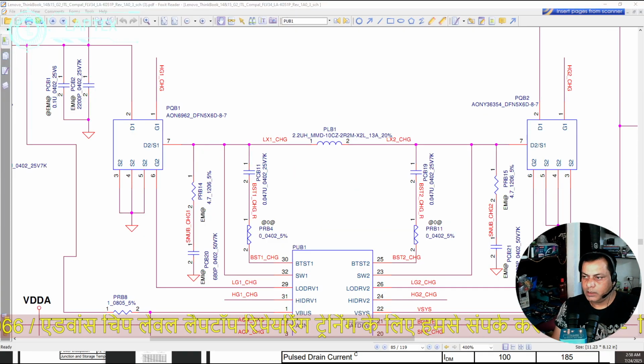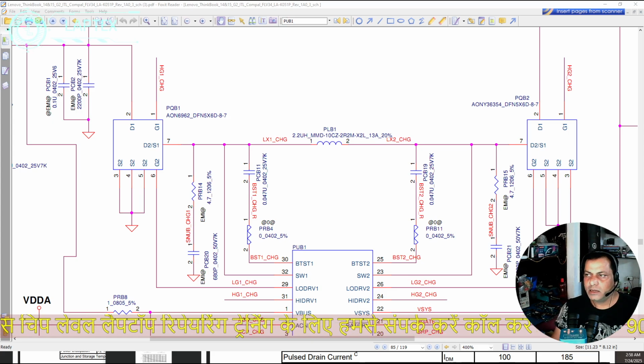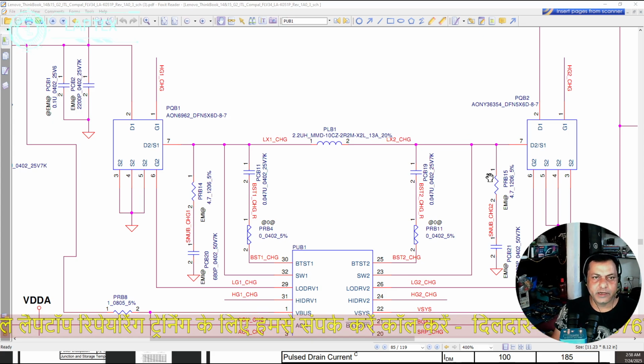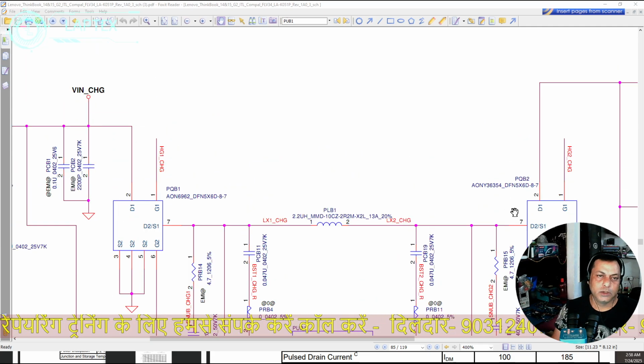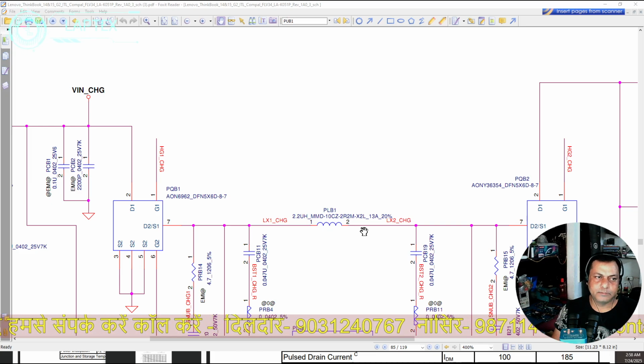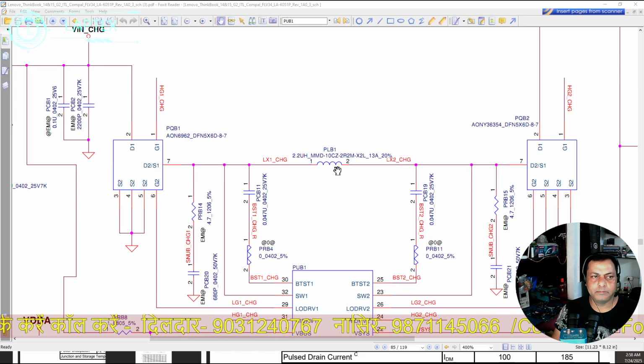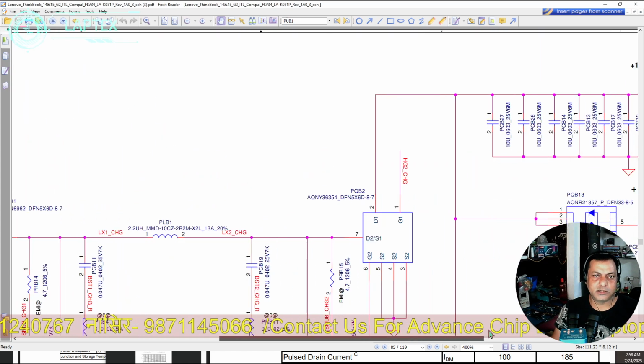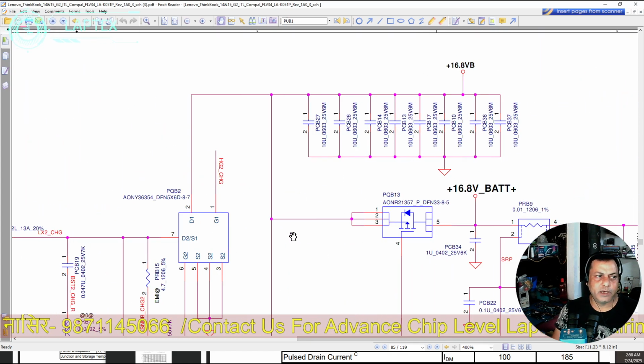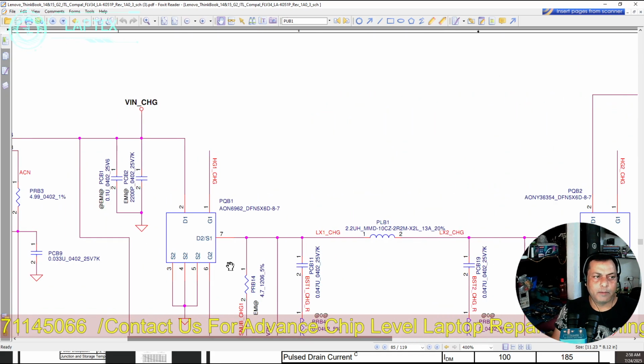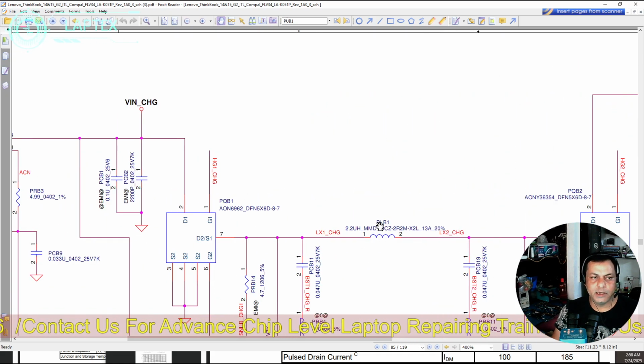Maybe, the area where it is short, let me show you, is in between this coil, no, this is not the coil, this is the 6 volt area after this MOSFET. There is no shorting on the PLB1.